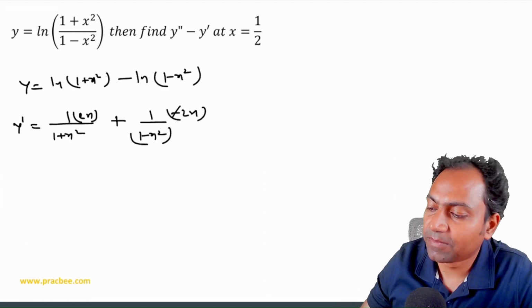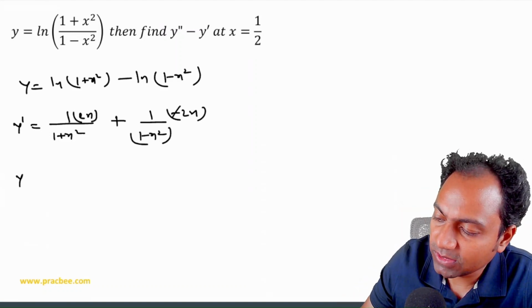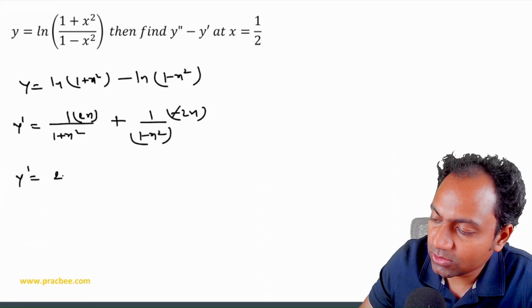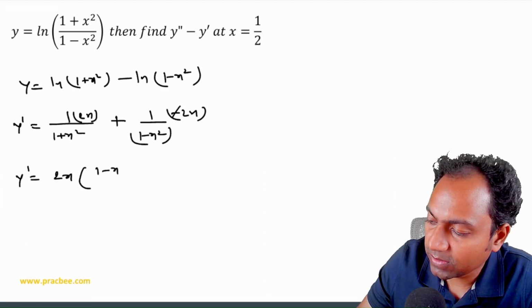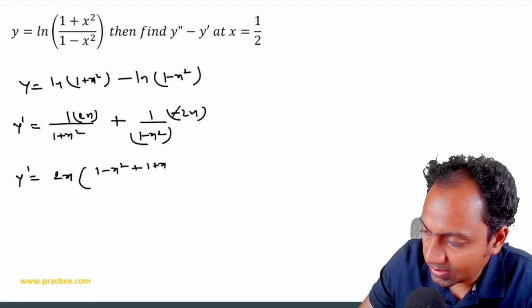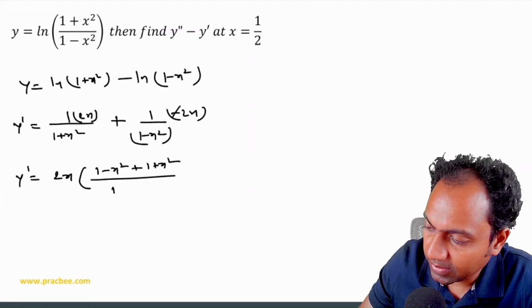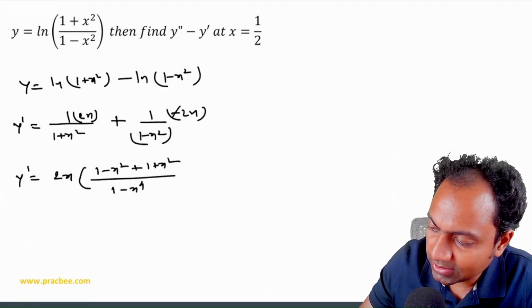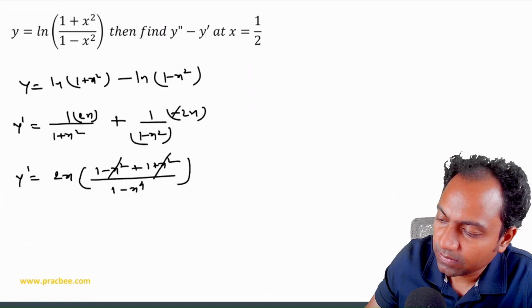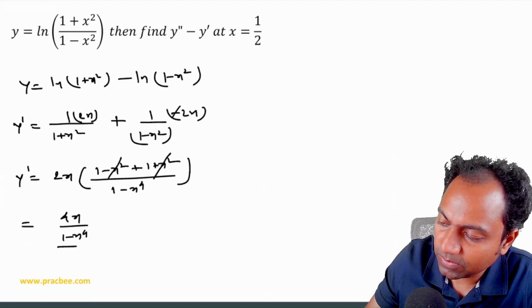Now we can simplify and differentiate. So let us simplify first and then differentiate. If I take this 2x common, what I have is 1 minus x square plus 1 plus x square divided by 1 minus x raised to the power 4 will come. So what I am getting is nothing but 4x by 1 minus x raised to the power 4.